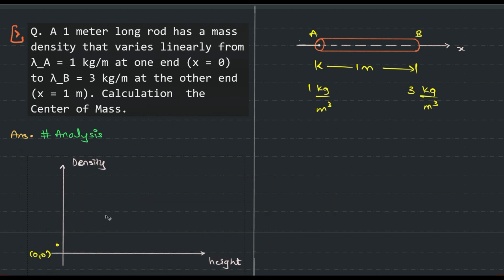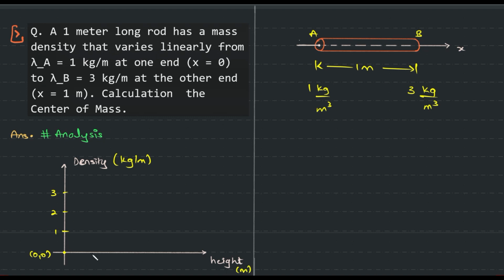So let me place it over here, and our 0, 0 will be over here. Now this is 1, this is 2, and this is 3 in terms of density, in kg per meter. And height is in meters. So this is say at a length of 1.